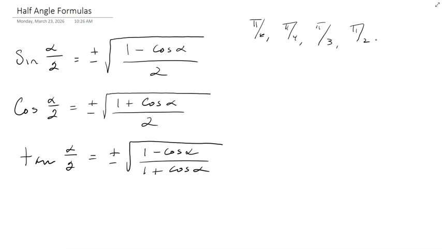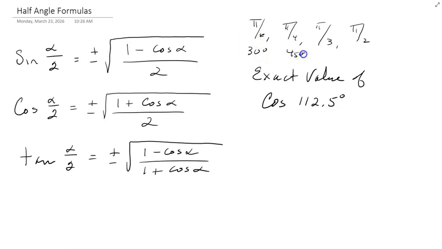So for this example, I'll start with degrees to help you out a little bit. Let's suppose I wanted the exact value of cosine of 112.5 degrees. Well, remember this is our 30 degree, 45 degrees, 60 degree, and of course any angle that has those as a reference angle. Well, 112.5 doesn't fall in any of those categories.